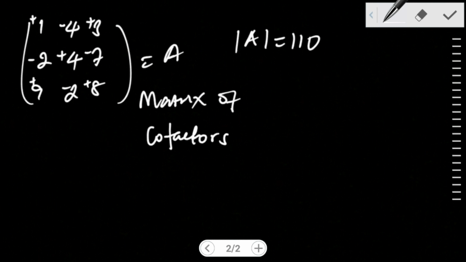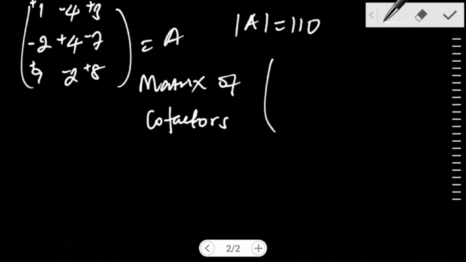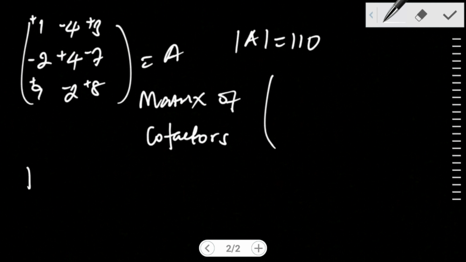Let's get the cofactor of 1. We obtain it by looking at 1, and we remain with 4 7 2 and 8, and therefore we have the determinant here, which will be the cofactor of 1.